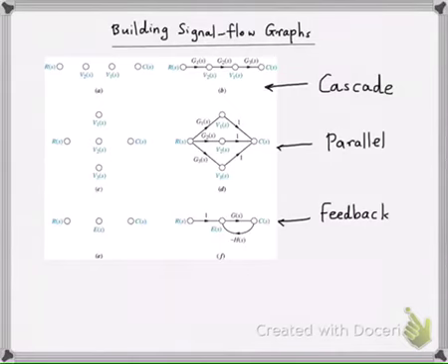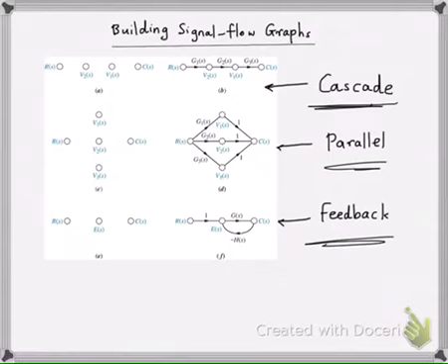The next thing I'm going to talk about is how to build signal flow graphs. The figures in A and B show the cascade representation, or cascade form, C and D parallel, and E and F feedback.